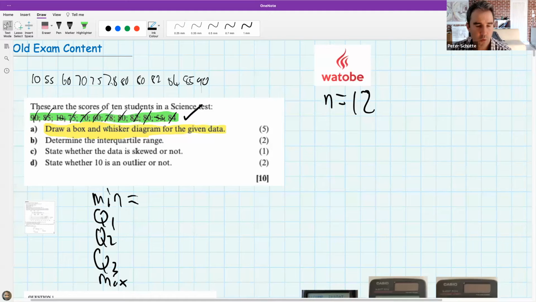Okay, so once we have got our numbers written from smallest to biggest, they should look like this. So now I want you to find the min and the max. Those are quite straightforward, but then you have to find me Q1, Q2, and Q3. And I want you guys to tell me what those are in the chat before we go on to the box and whisker.